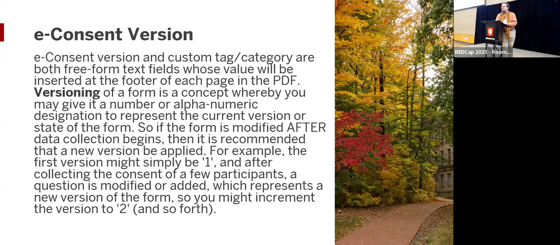So it'll be easy to identify which version is currently being used. And so anytime that you do make a modification to the form, it's going to be recommended that you update the version number to make clear that there's been an update.